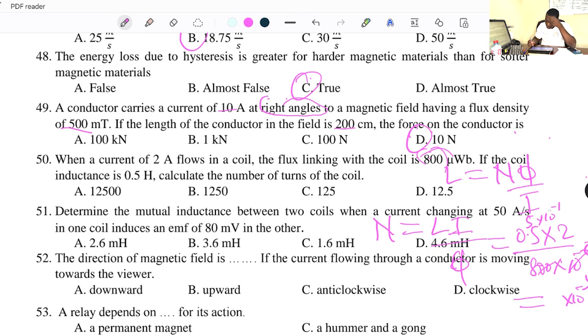So now I just have 5 times 2, that will be 10. 10 divided by 8 is 1.25. So I have here 1.25 milli is the number of turns, right? I mean, that will be 0.125.